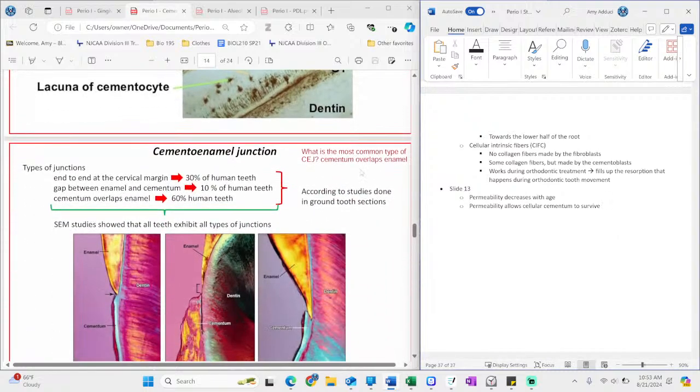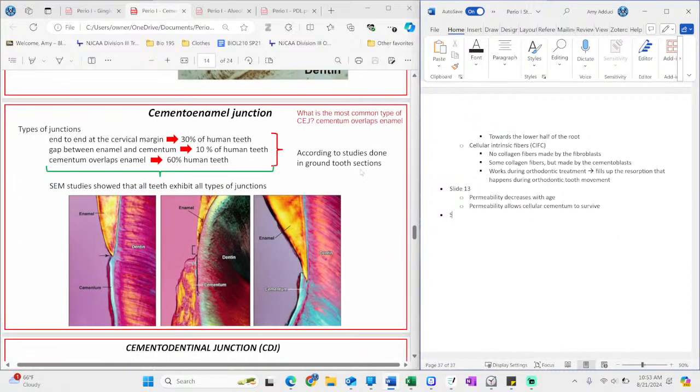So this you need to remember, the types of cemento-enamel junctions. We have 3 types. We can find the 3 types in any tooth at any moment. And the most common is the one in which the cementum overlaps the enamel. What is the main goal here?